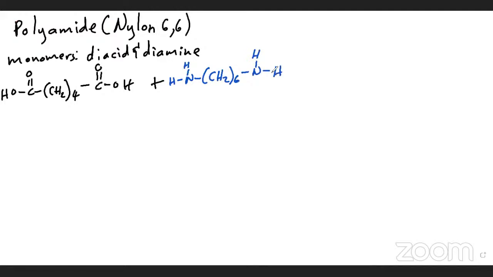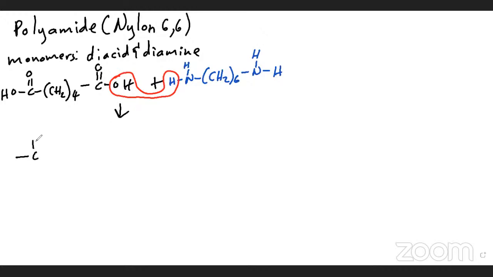So again, we are going to join up these 2 compounds by removing a molecule of water. OH is always from the acid, hydrogen is always from the next compound. Remember, in my polymer, I am not going to include the OH.